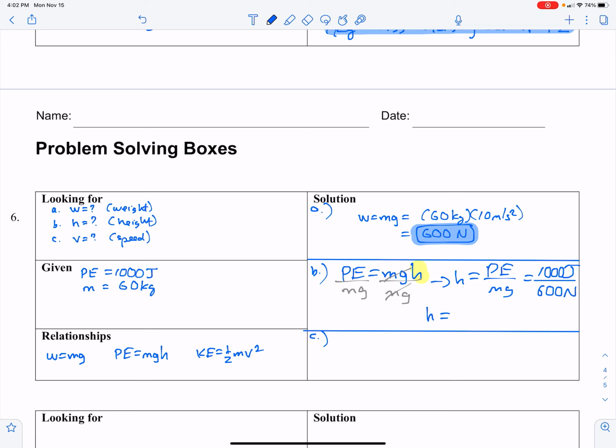Remember to practice this yourself, ladies and gentlemen. You get about 1.7 meters high.